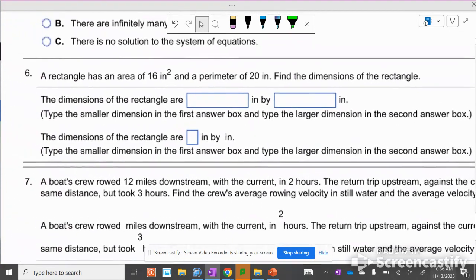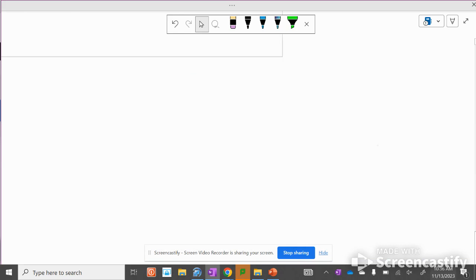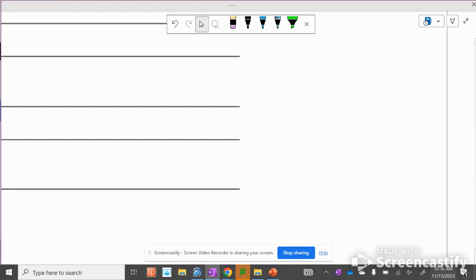Now, this one. A rectangle has an area of 16 inches squared and a perimeter of 20 inches. Find the dimensions of the rectangle. Wow, this is going goofy today.